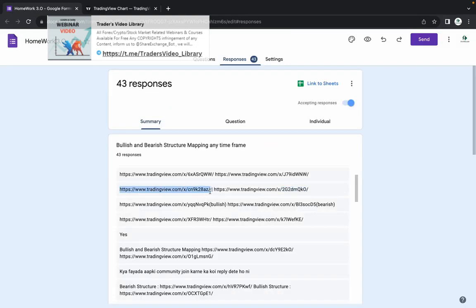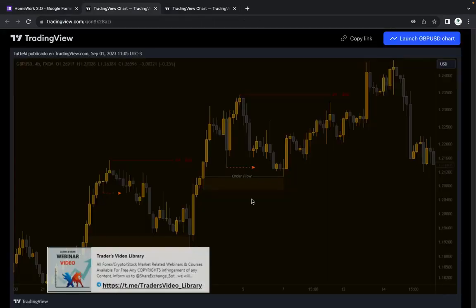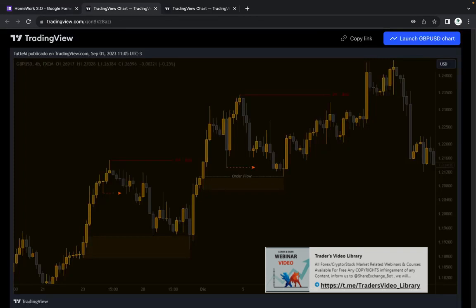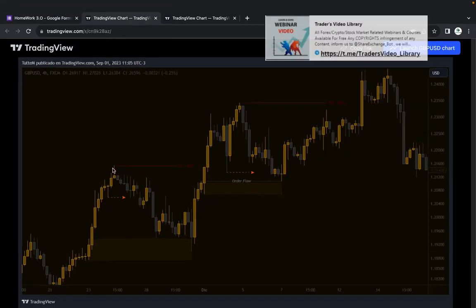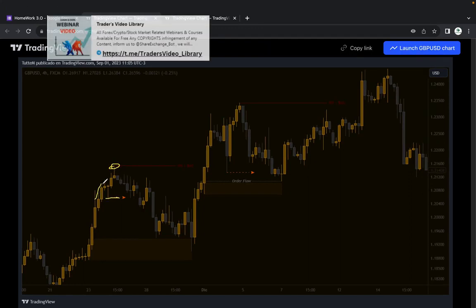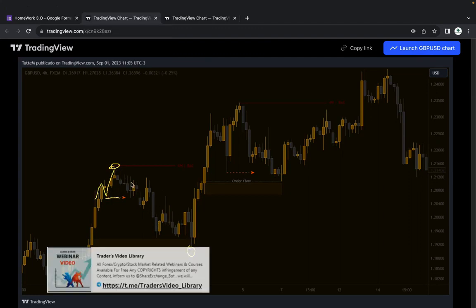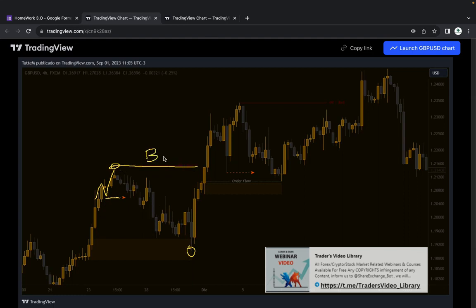Okay, so now switch to the next. In this case also a similar thing is marked right here: break of structure, confirm higher high, because the market takes a pullback, this one, pushes downside, confirms a higher low because the market breaks this high, and confirms this as our break of structure right here.